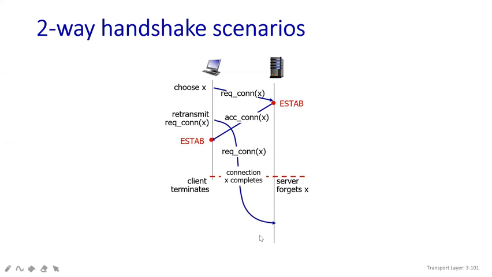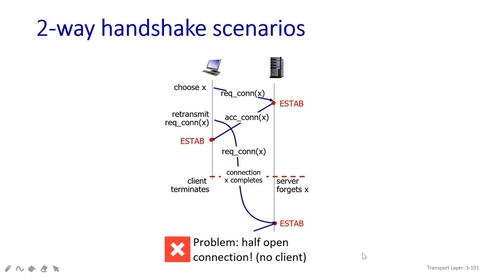Now next, what will happen? It can retransmit the request connection again, or it may happen due to network failure. So once the establishment starts, it will be in the active stage, then it will accept the connections. But what will happen? Already the client terminated, right?